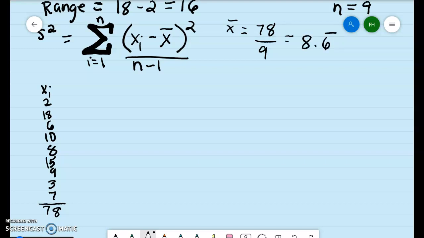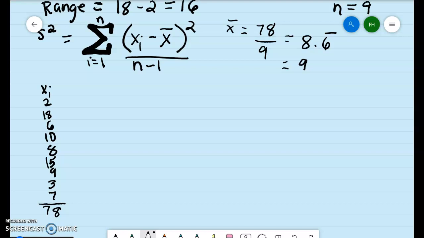Now, to keep this example simple, just so we understand the formula, on this particular example, I'm going to round to 9. When you're working the homework, I'm going to show you how to go into Excel and calculate this and tell you exactly what you need to round to in order to work the homework. But to understand the basic formula, I'm just going to work it and keep the numbers simple.